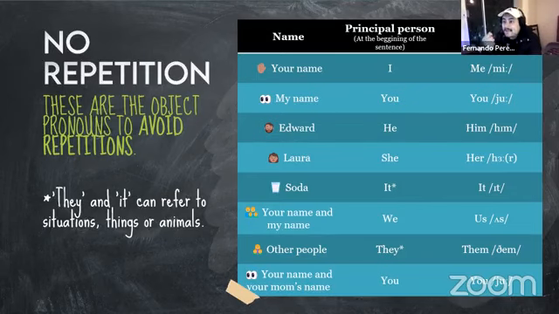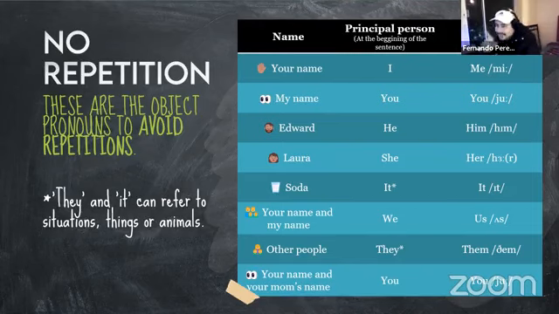O sea, en español no es necesario decir nosotros. Por eso, cuando hablamos en inglés, es muy común que se nos olvide decir el sujeto. Se nos olvida decir nosotros, we, it, I. Correct. Porque en español ya viene todo junto, tanto el verbo como la persona.